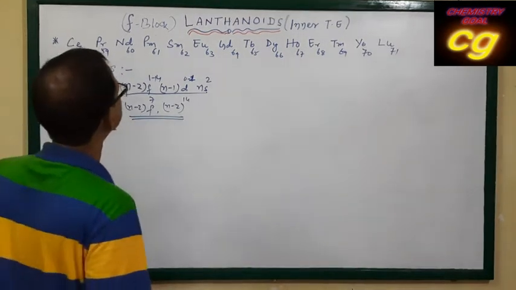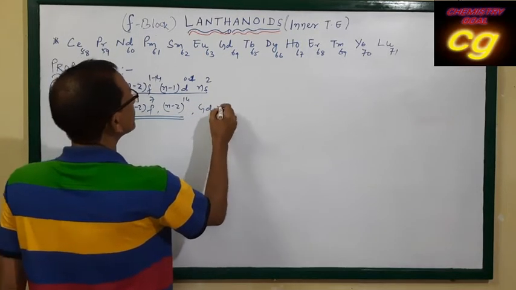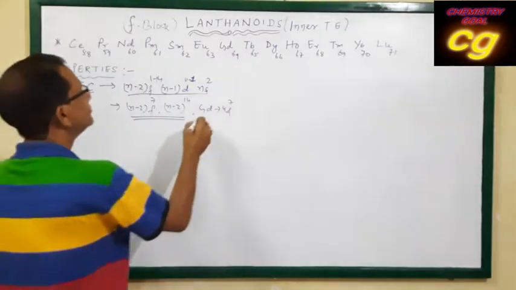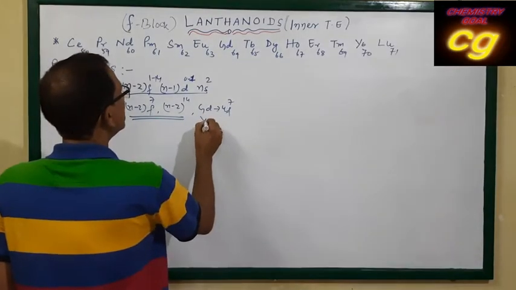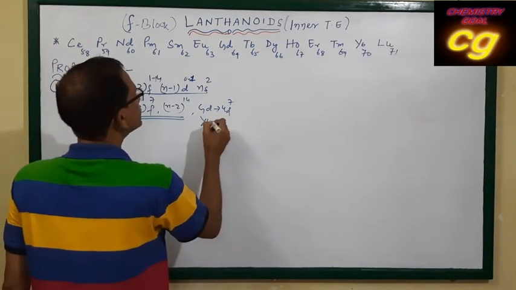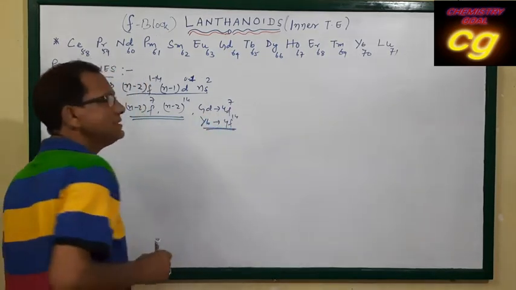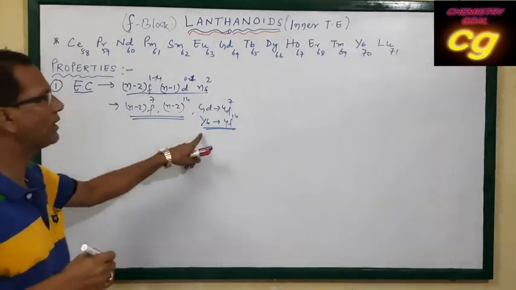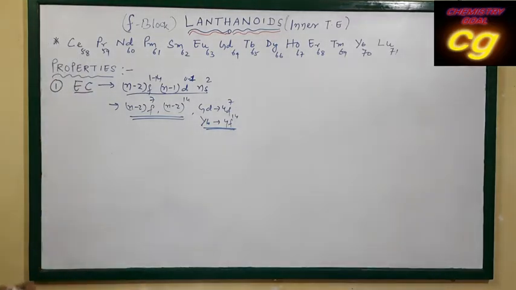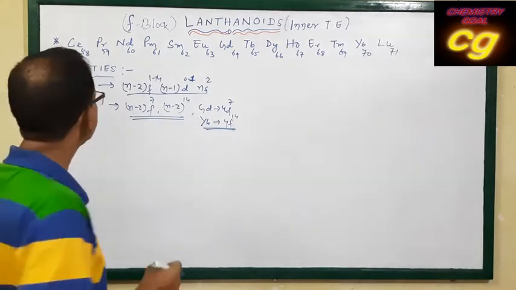Gadolinium contains 4f7 and ytterbium also contains 4f14. So like this, these are stable electron configurations, half filled or fully filled. That's why we can say these are stable configurations. So this is the general electronic configuration of lanthanoids.